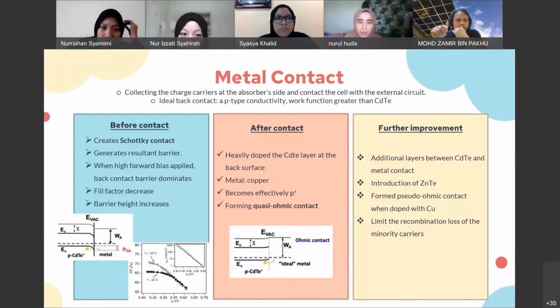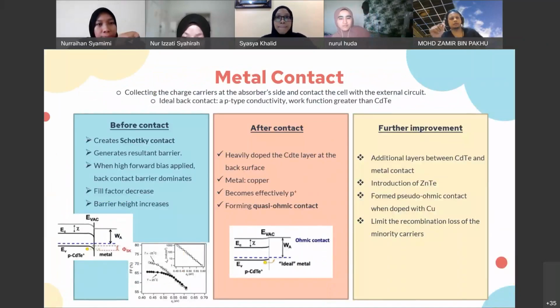So the metal contact is purely copper or it's alloyed copper with something else? I think copper. Is it for the First Solar process? Yes, for the First Solar process.